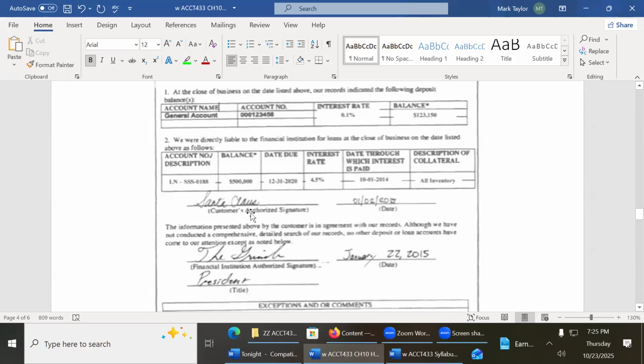It does not show the pluses and minuses. You're not going to see deposits on it. You're not going to see payments on it, outstanding checks or cleared checks or whatever. None of that. It's kind of like a snapshot at the end of the year. What do you have in cash and what do you have in loans? It's all based on cash.